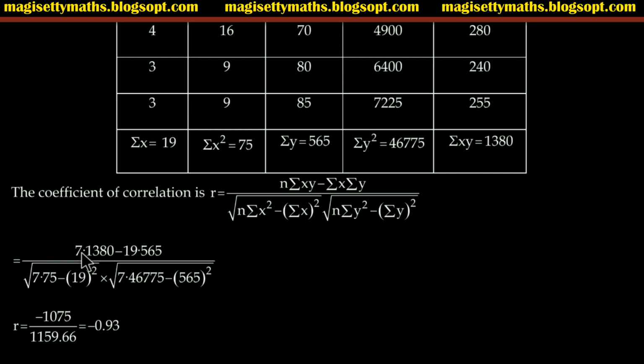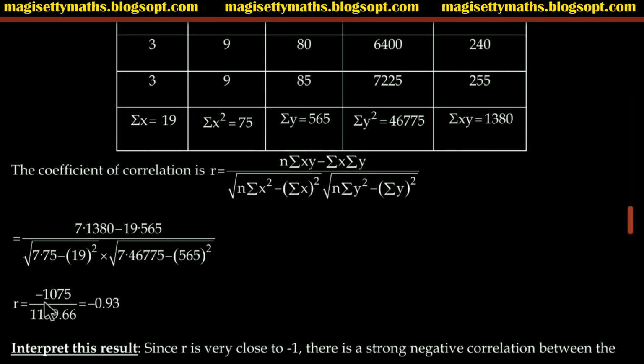Now substituting the corresponding values, n equals 7. 7 into summation xy 1380 minus summation x 19 into summation y 565, divided by square root of 7 into summation x square 75 minus 19 whole square, into square root of 7 into summation y square 46,775 minus 565 whole square, that gives R equals minus 1075 divided by 1159.66, that gives minus 0.93.